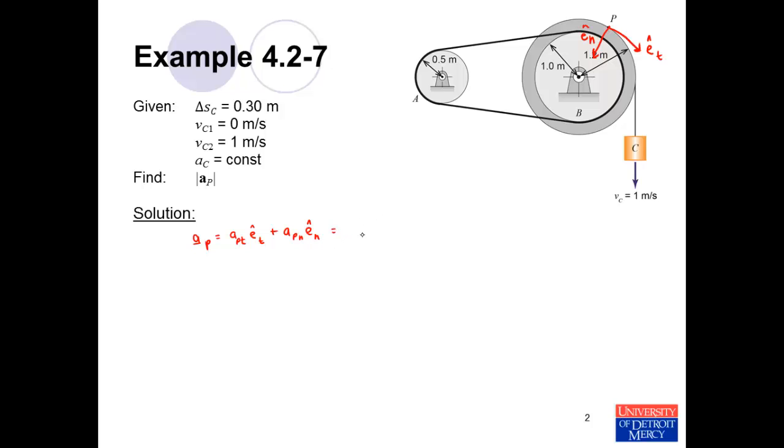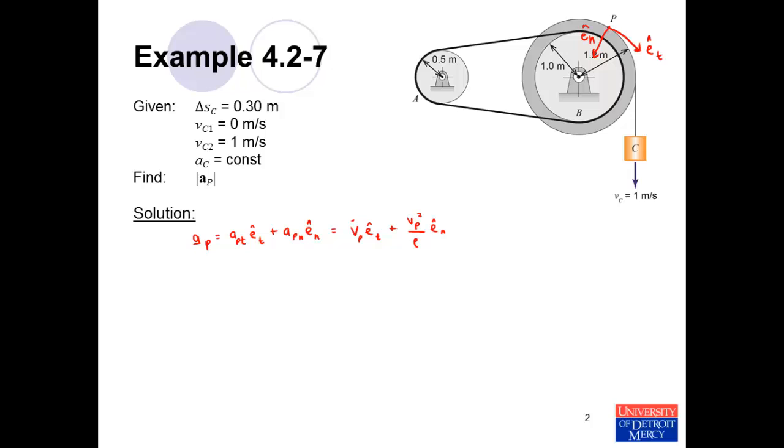The tangential component is the rate of change of the speed of the particle along the path. And the normal component is equal to its velocity squared divided by rho, the radius of curvature in the normal direction.